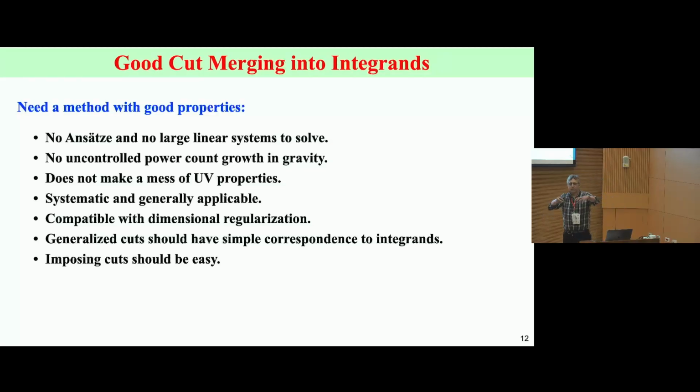Because sometimes when you do the cut merging, you don't do it in a proper way. If you just did it kind of naively, you'd really make a mess of the ultraviolet properties. You don't want to do that. That would make your life miserable if you're studying ultraviolet properties. It has to be systematic. It has to hold in general. It has to be compatible with dimensional regularization. This is very important. If you do loops, you can't be in 4 dimensions. You have to be in D dimensions.